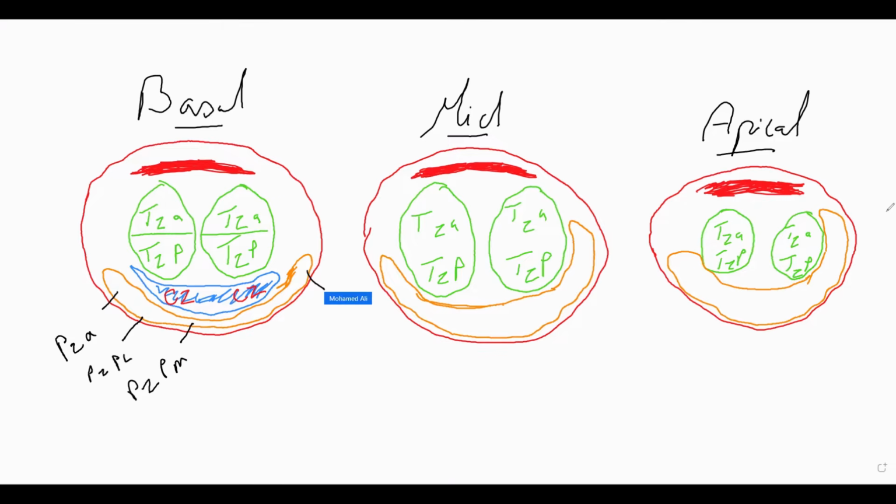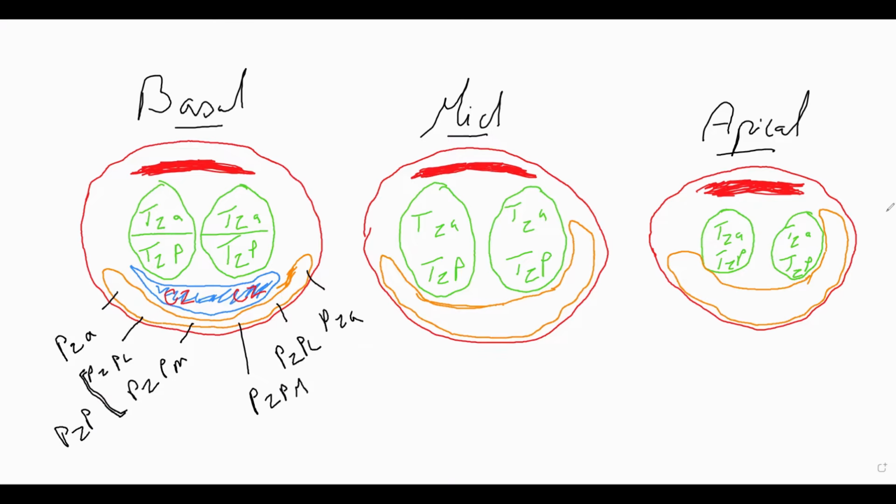So we have BZ anterior, and the BZ posterior is divided into BZ posterolateral and BZ posteromedial. So these are the two parts of the BZ posterior.